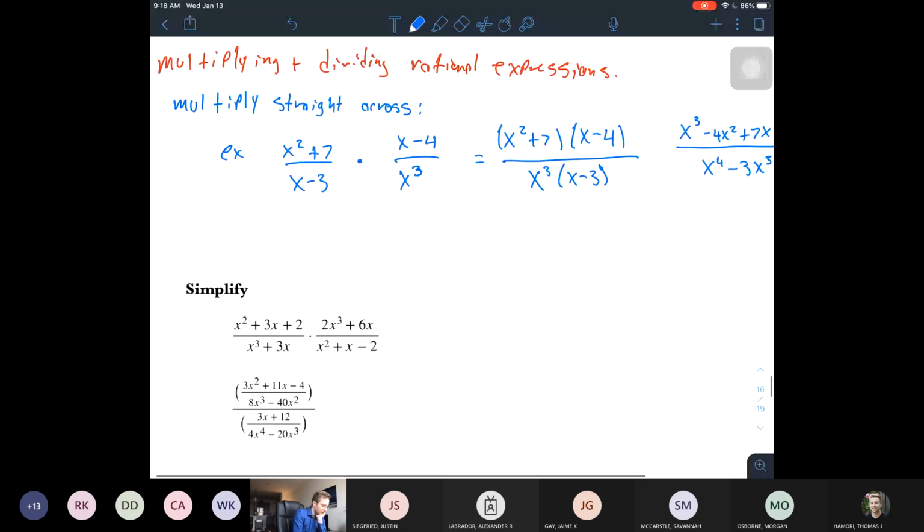The way we divide is flip the divisor and multiply instead.